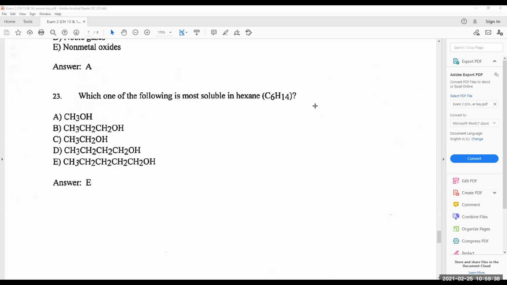We want the compound below that is the most nonpolar, because that'll be the most similar to the hexane. So the one with the most CH2 groups is the one that we want. There's 1, 2, there's 5 of them on there, so that's butanol. Butanol is the answer because that's the most nonpolar of those choices. The hydroxide side has polarity to it, the other side doesn't.